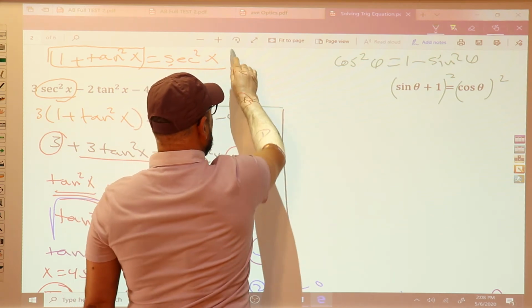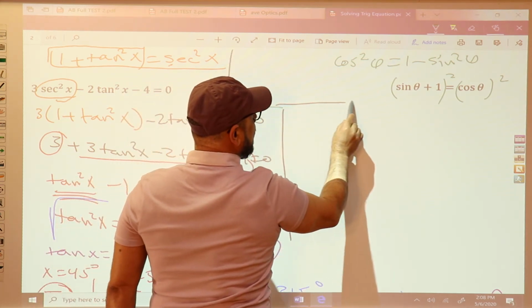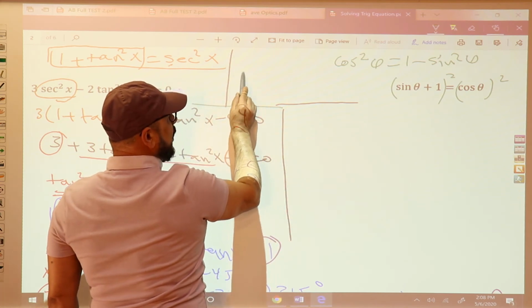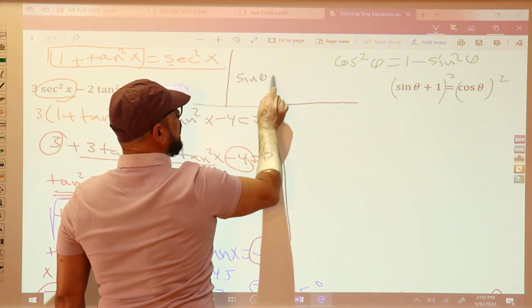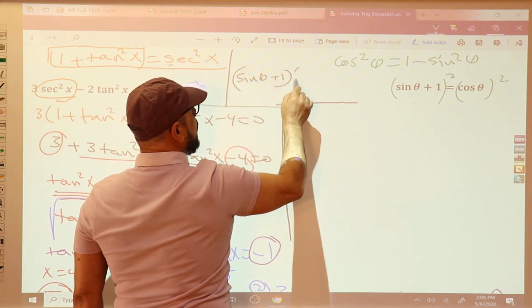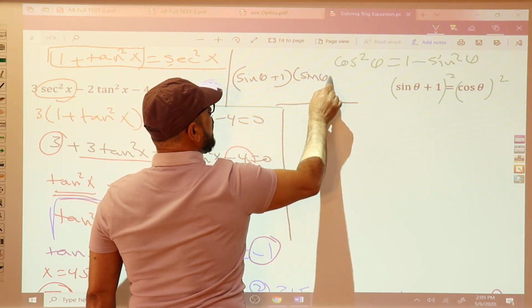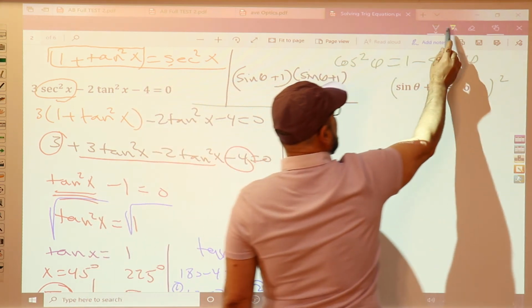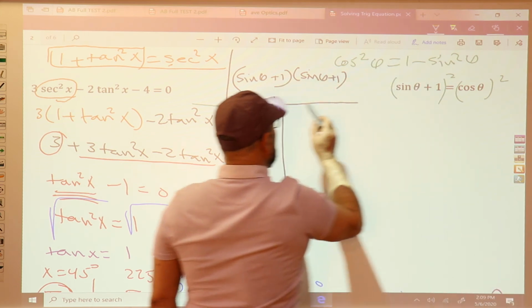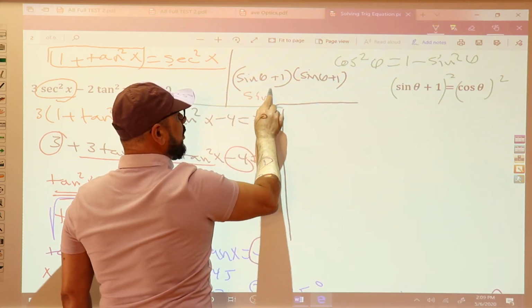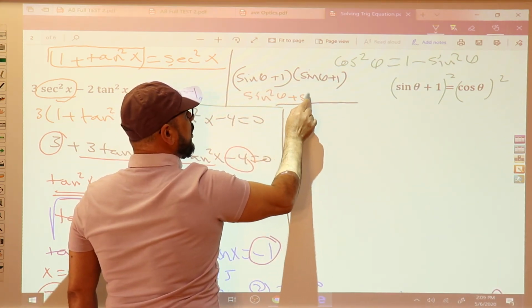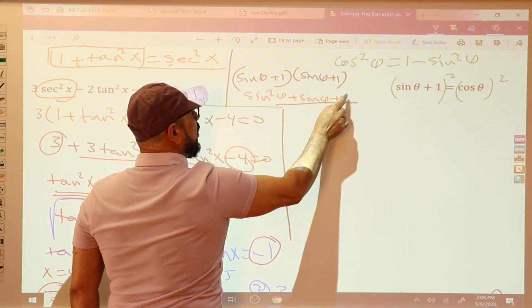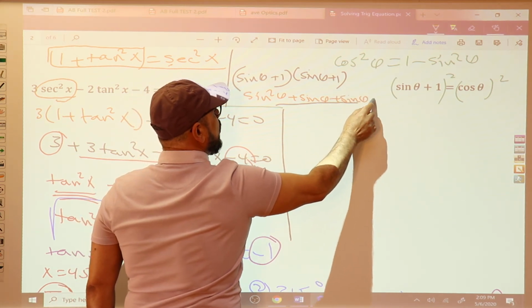I'm going to foil it here. This one, sine theta plus 1, times sine theta plus 1, which is sine square theta, sine theta, sine theta, plus 1.